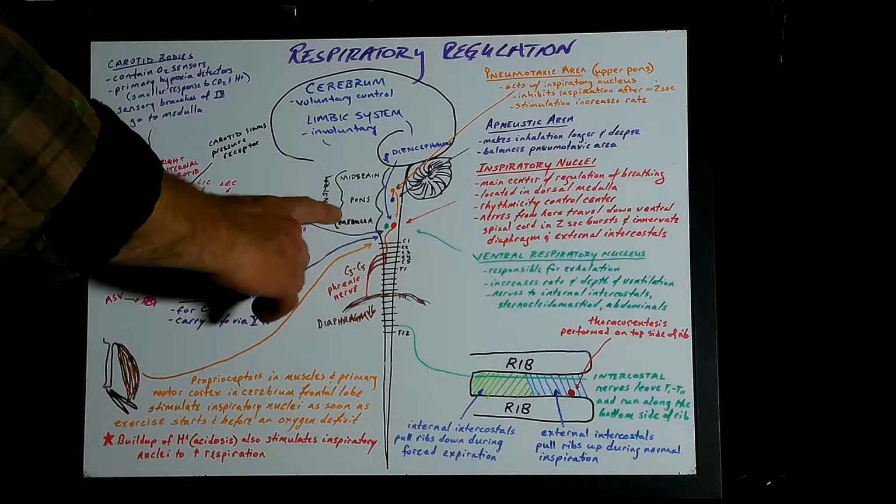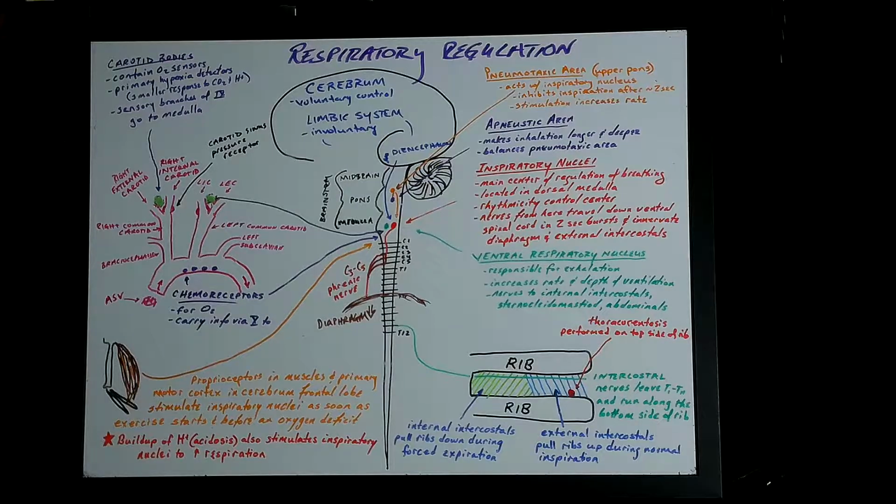the ventral respiratory nuclei will also stimulate the internal intercostals and the abdominal muscles to push air out faster, because your respiratory rate's fast enough that waiting for the elasticity is too long.